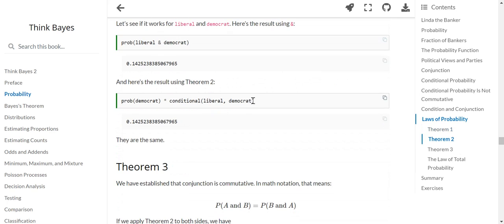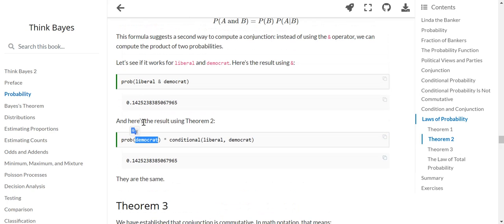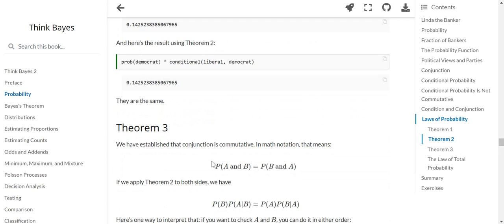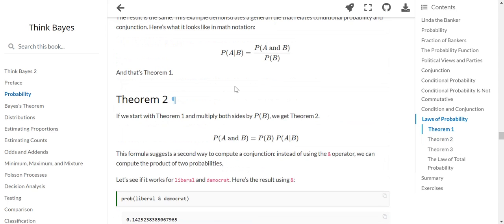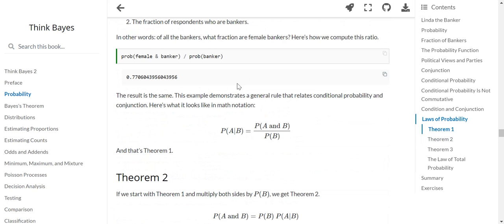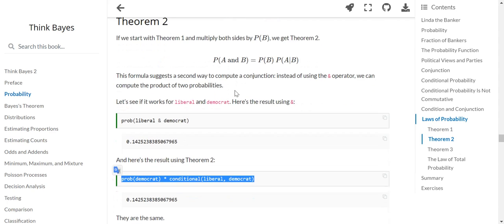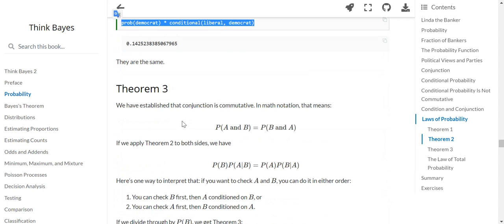So we have a list of Democrats, and out of them we have some liberals. And you know the probability of there being a Democrat. Once you multiply them, you get the same result, which is essentially this relation. This is not still as intuitive to me as the above relation because that is much more visualizable. But I guess once it strikes, it will be easy to understand.